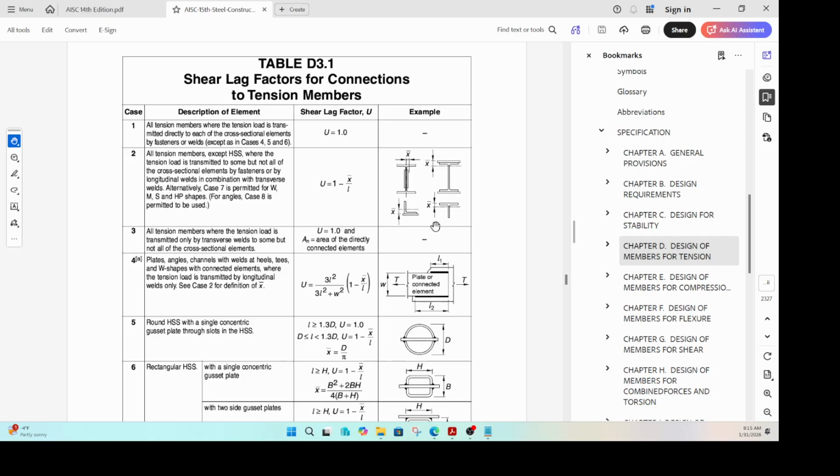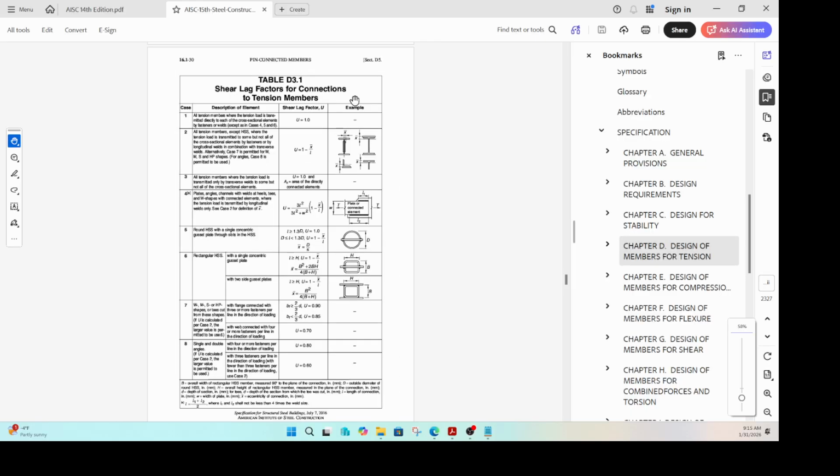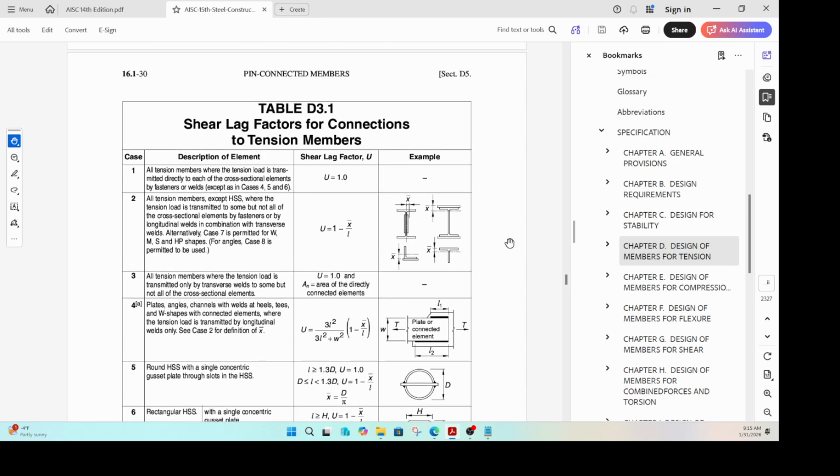Okay. So firstly, if you zoom out a little bit, how many cases are there? From here to here, there are 8 different cases. So the problem that you have in the exam is going to fall in those cases. And out of those cases, the first case is almost useless for us, right?